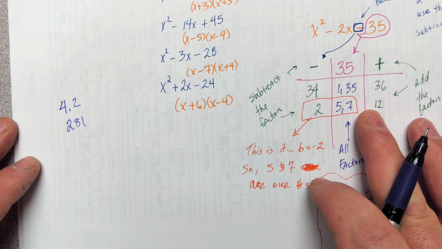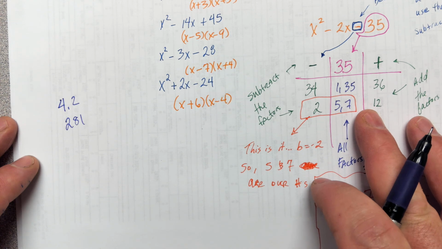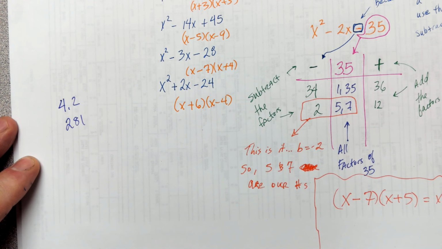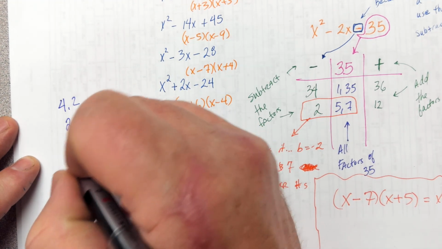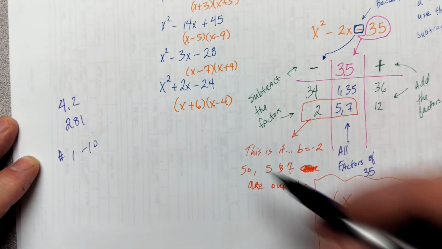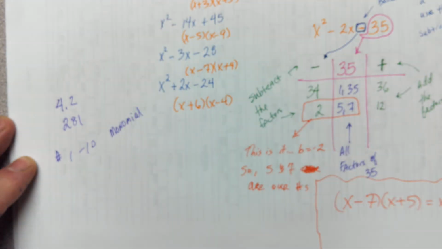Now the first part we did was like number 1 through 10. That was the things we did at first. That's the monomial stuff, okay?